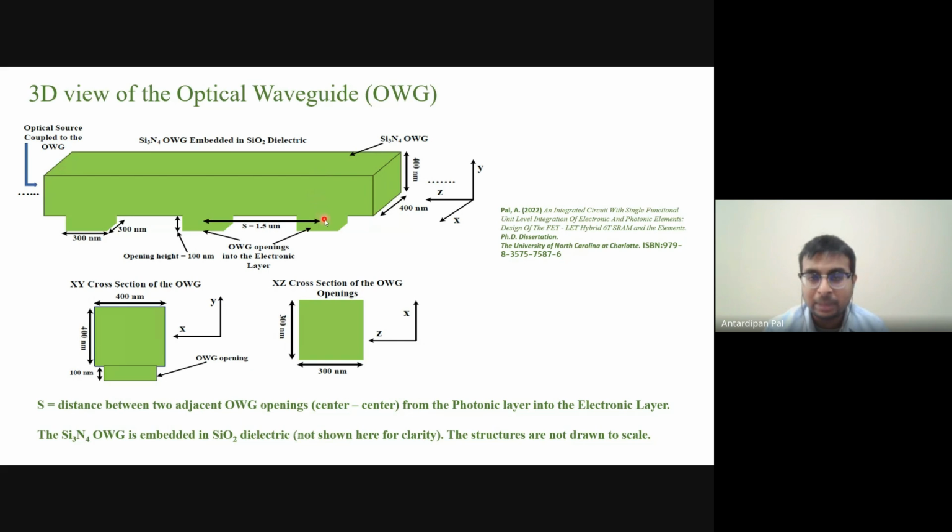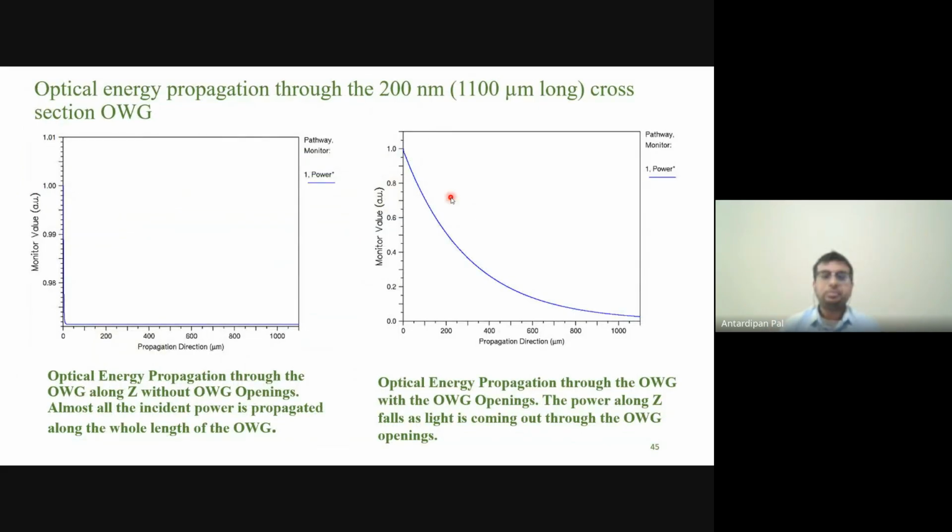However, we need optical power to come out to the XZ plane. This is the Z plane, XZ plane. We need power to come out to the XZ plane. Now, the tool, for some reason, was not allowing us to measure power that's perpendicular to the direction of actual propagation. So what trick do we use?